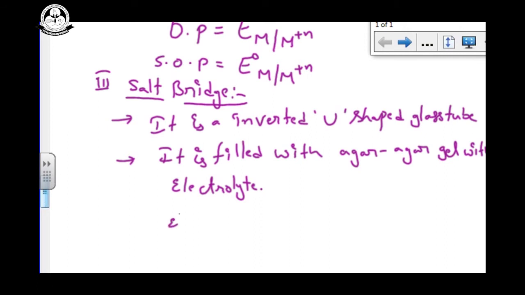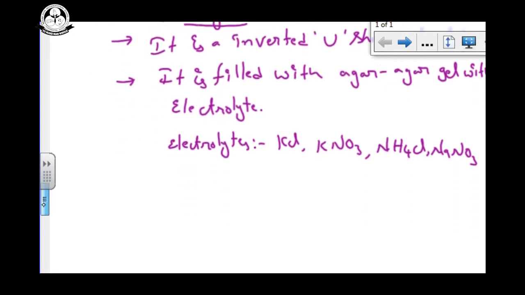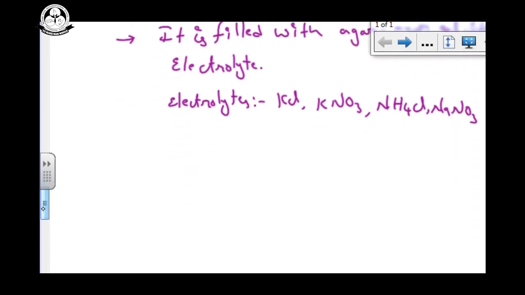Generally, these electrolytes are KCl, KNO3, NaNO3, ammonium chloride. These compounds can be considered as electrolytes. So what is the importance of the salt bridge?